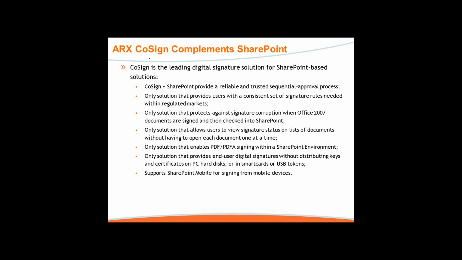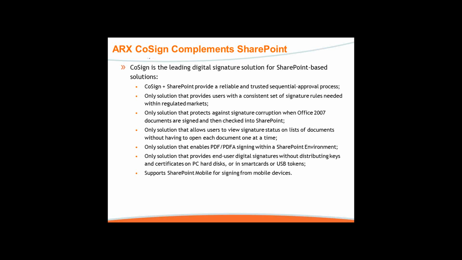Now, as it relates to SharePoint specifically, Cosign and SharePoint provide a reliable and trusted sequential approval process. It provides users with a consistent set of signature rules needed within regulatory requirements. It protects against signature corruption when Office 2007 documents are signed and then checked into SharePoint.